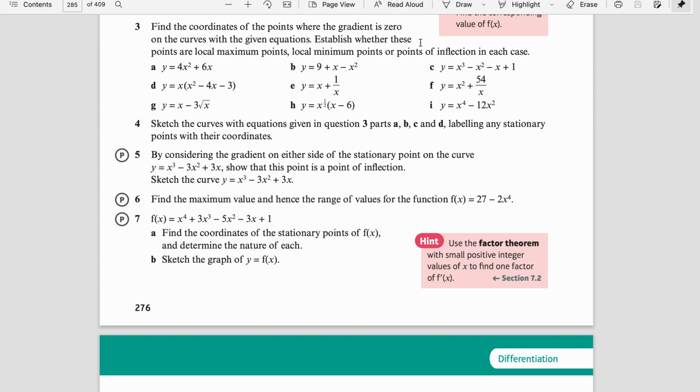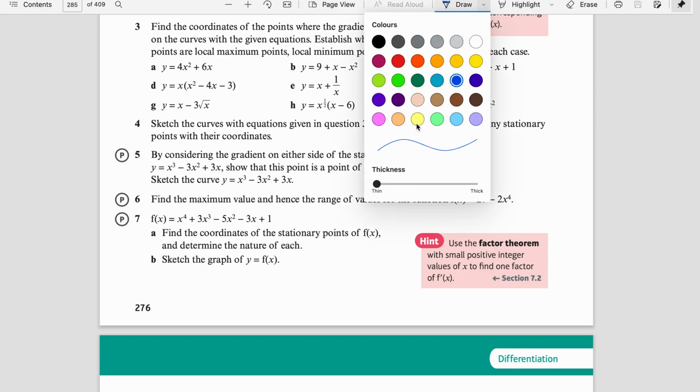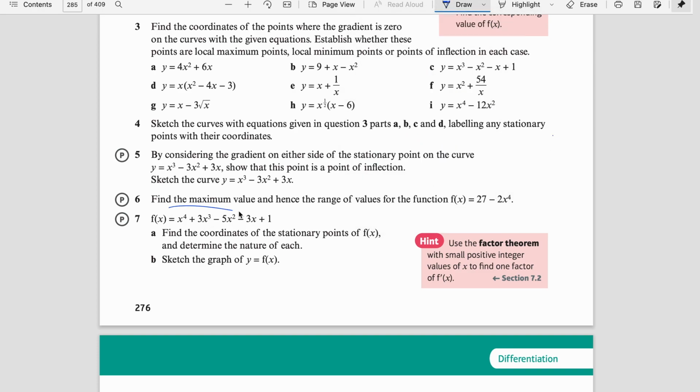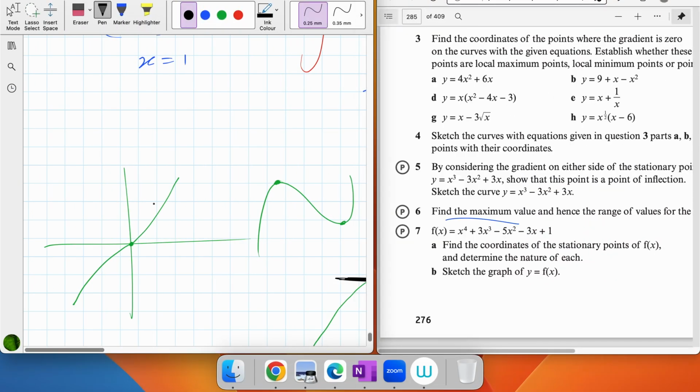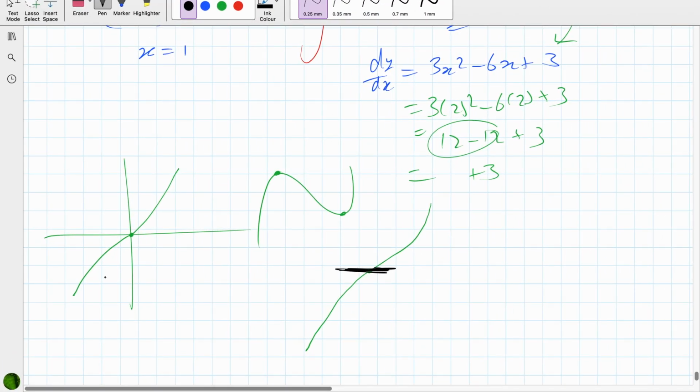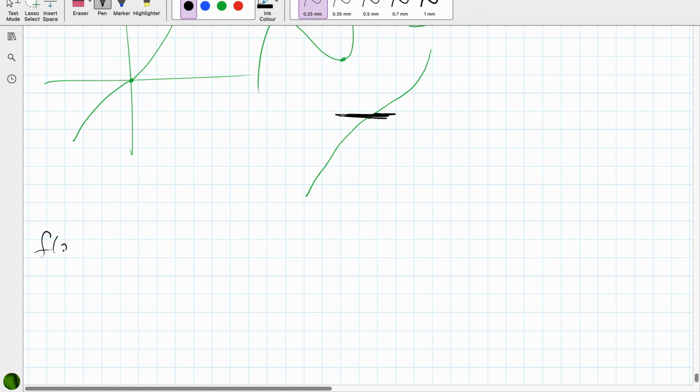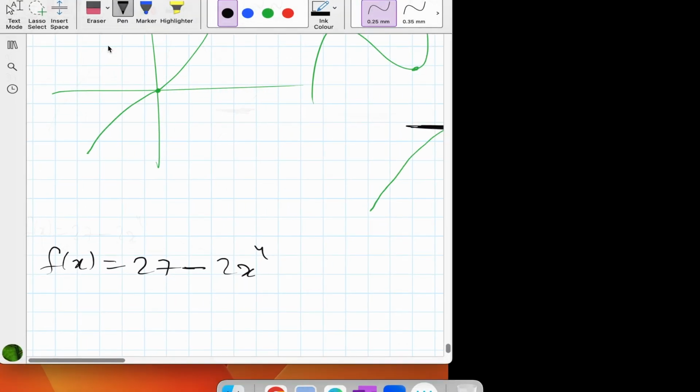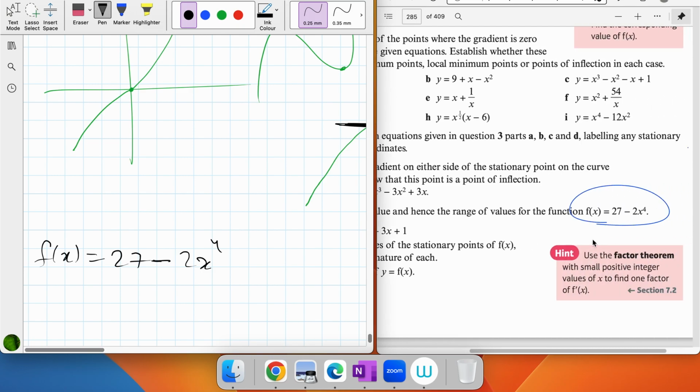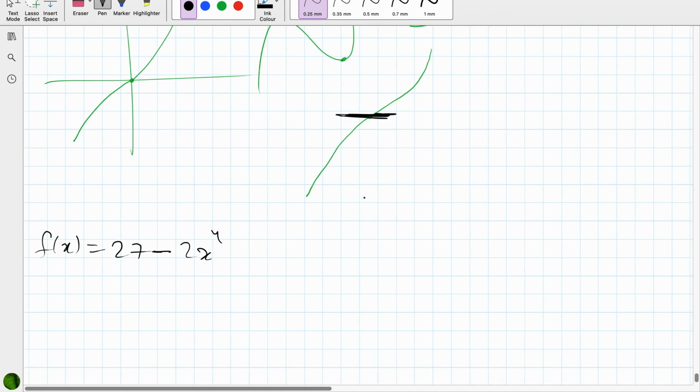Question number 6 says find the maximum value and hence the range of values. So f of x equals 27 minus 2x to the power 4. Finding the maximum value and the range, the easiest way is to go for the derivative.